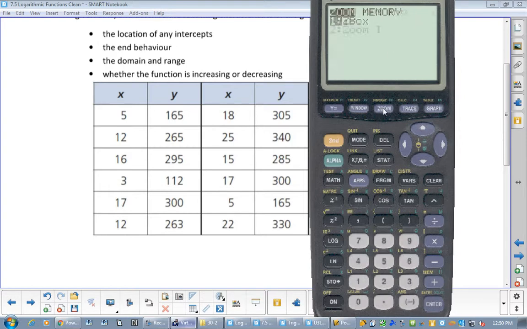Zoom 9. Okay. So you can see how this is supposed to be like a linear regression. Now how do we put our y equals in there? Vars?